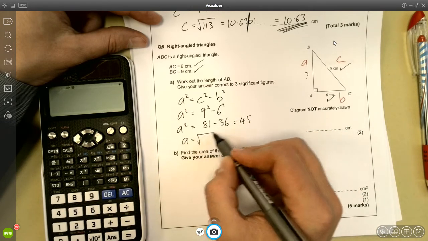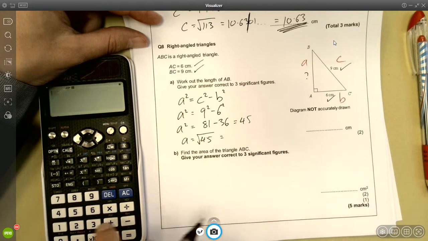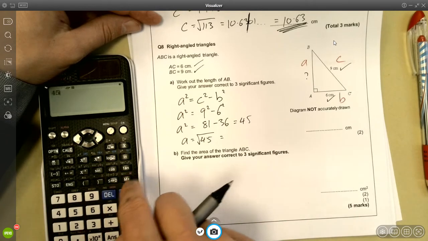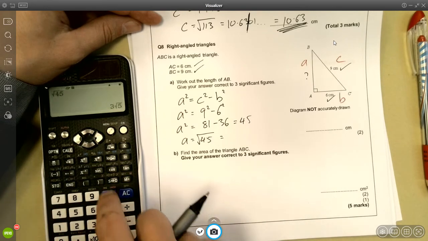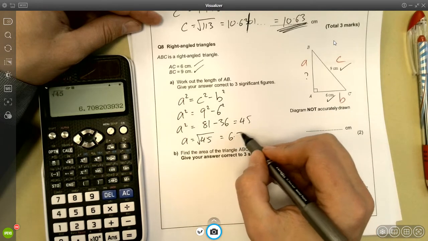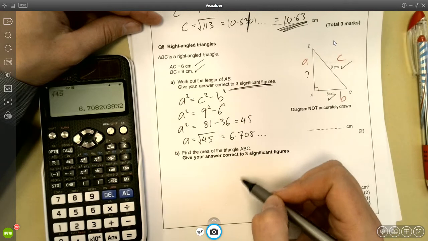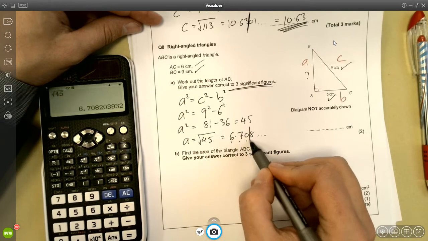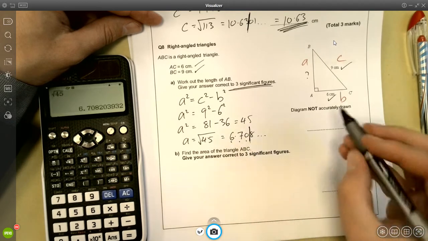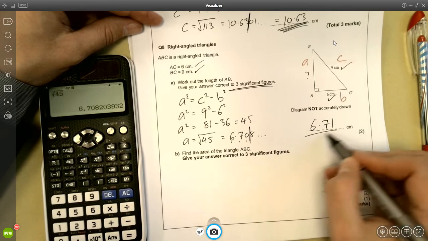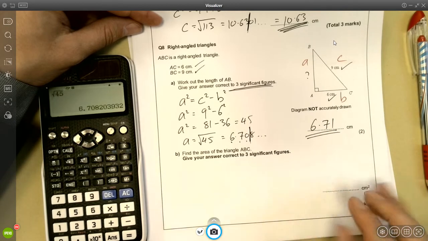So A must be the square root of 45. Calculator, 6.708, etc. to 3 significant figures. So 1, 2, 3, round there. 8's going to round up, so it's 6.71 centimeters.